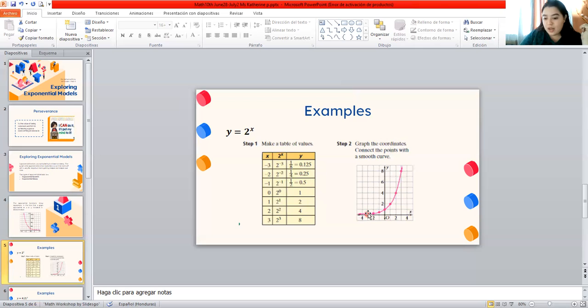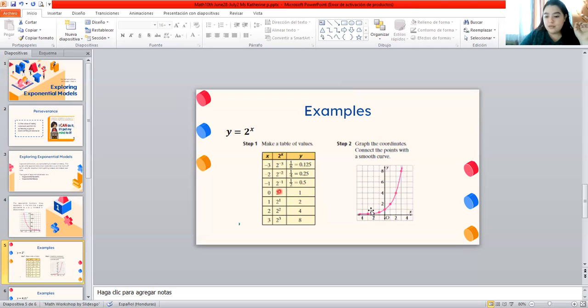So that's why we have a point here. Then we have -2 for x, and for y we have 0.25 in the middle, so that's why we have a point here. Then we have -1 for x here, and for y we have 0.5 here in the middle.